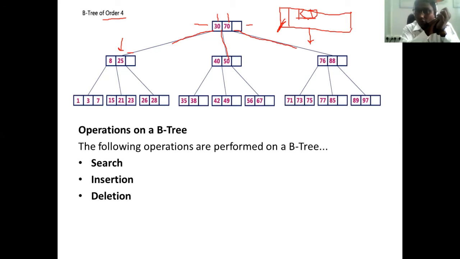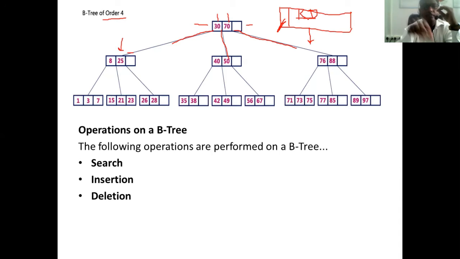So that structure we need to follow in a B tree: block pointer, key value, and data pointer. These three values are stored in the node.